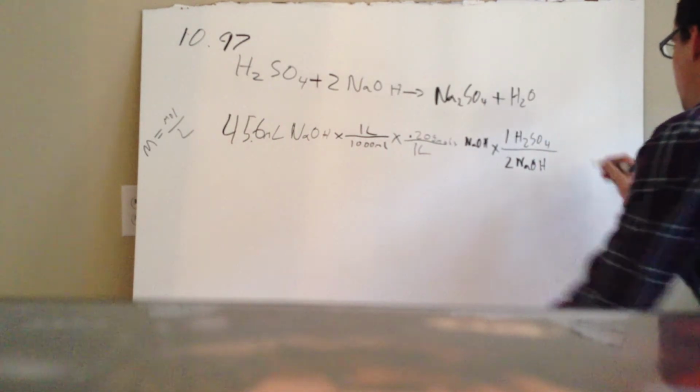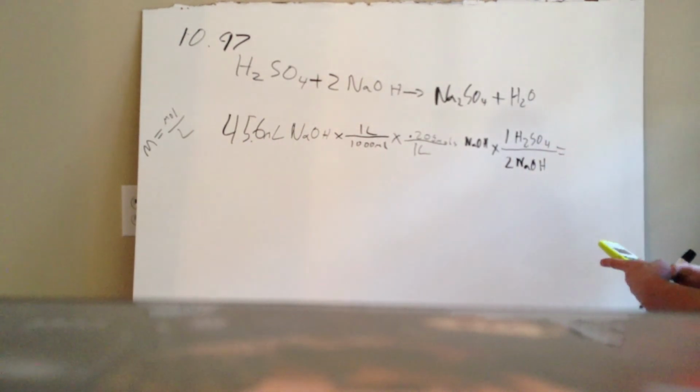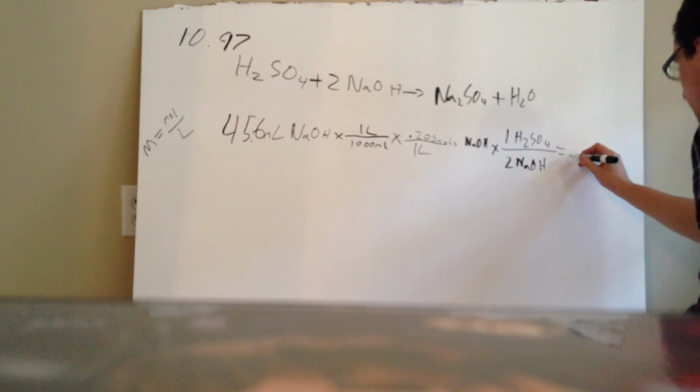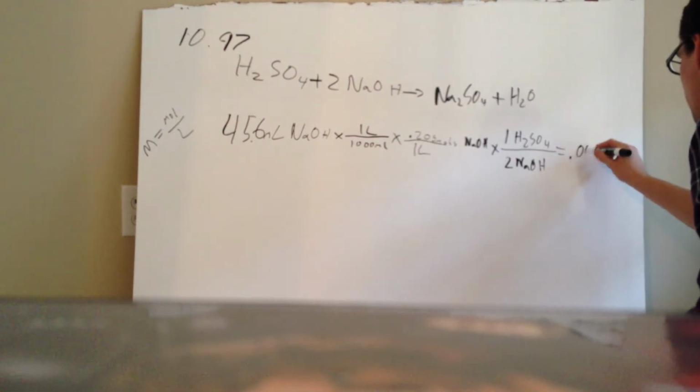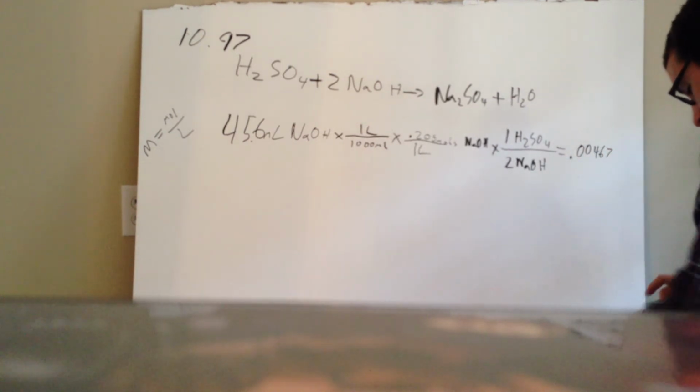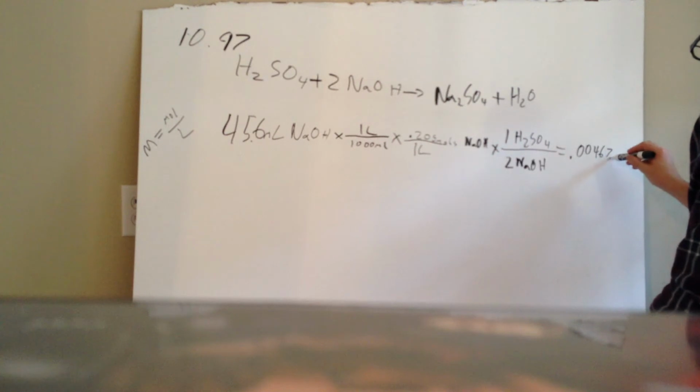Let's do the math for that. It's 0.00467 moles of H2SO4.